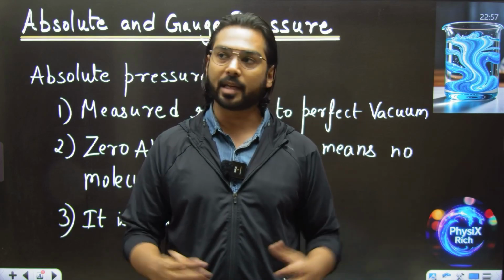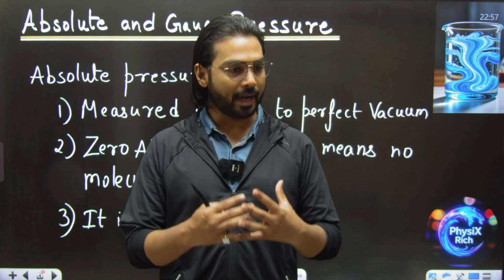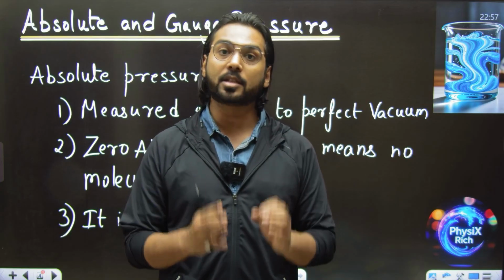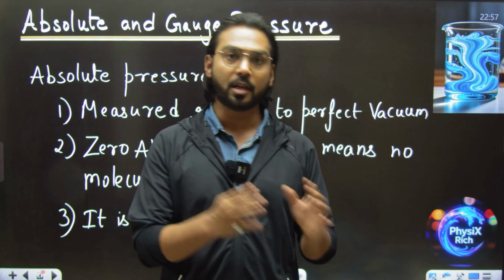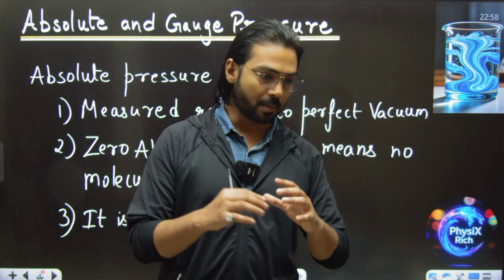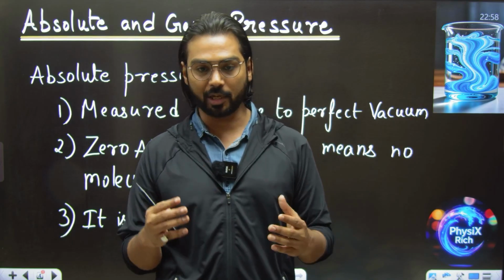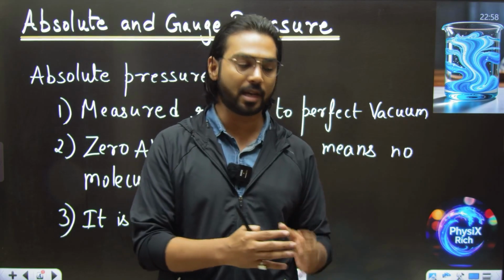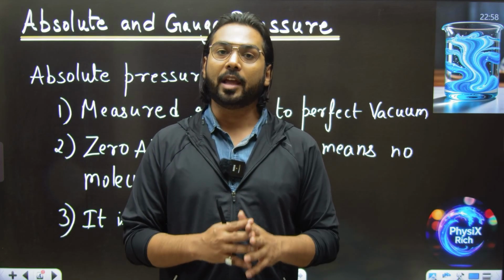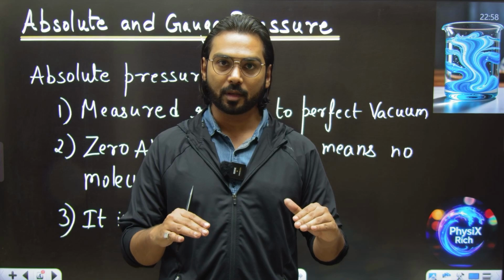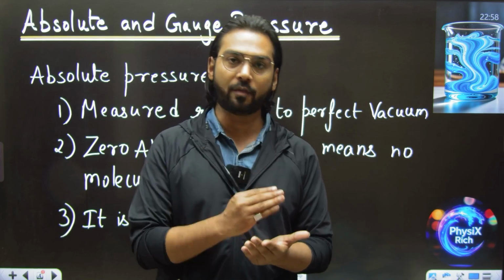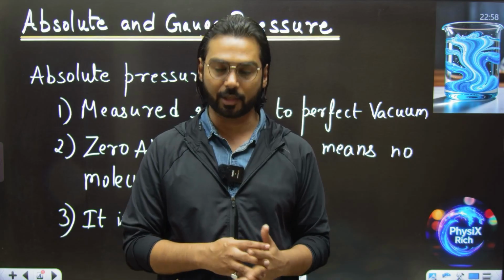Everywhere we go, there is air on the earth, and because of the presence of so much air, there is a pressure on the surface wherever we are. This air comprises many molecules. These molecules hit whichever surface they can, and they apply a certain force, and that causes pressure. Now, if we take the total force divided by that given area on which that force is applied, we get the absolute pressure.